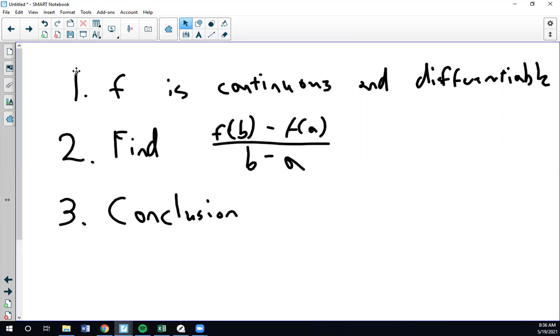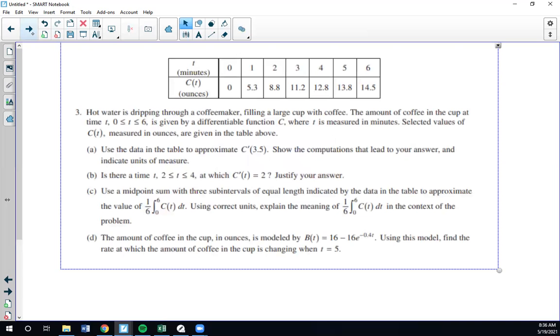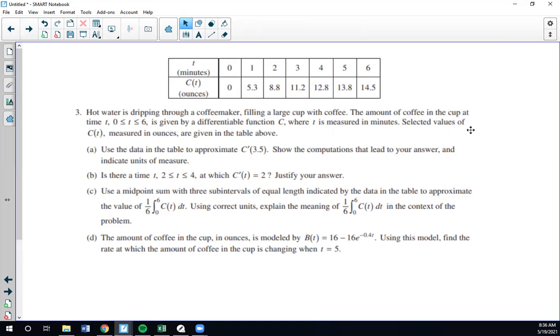Okay, so let's look at a couple free responses, and I'm only going to focus on the part of the question that's the mean value theorem part. We can focus on other parts another time. First off, take a moment and see if you can pick out where the mean value theorem question is.